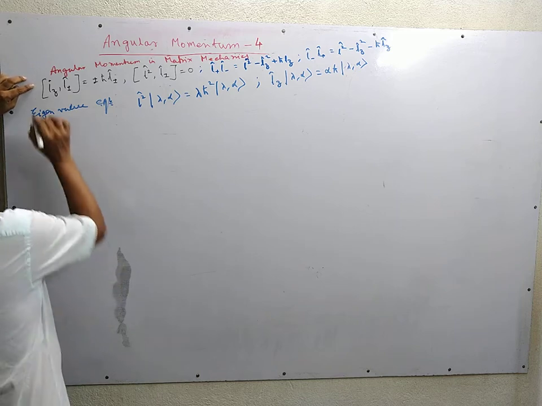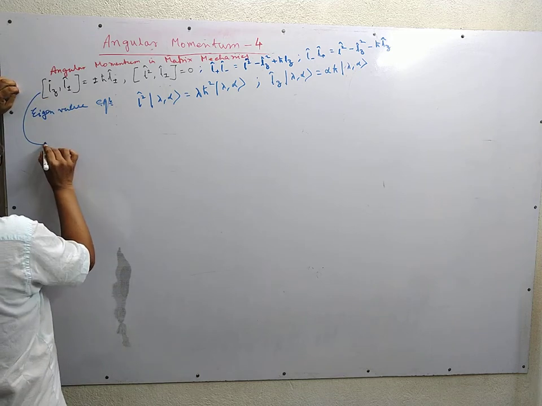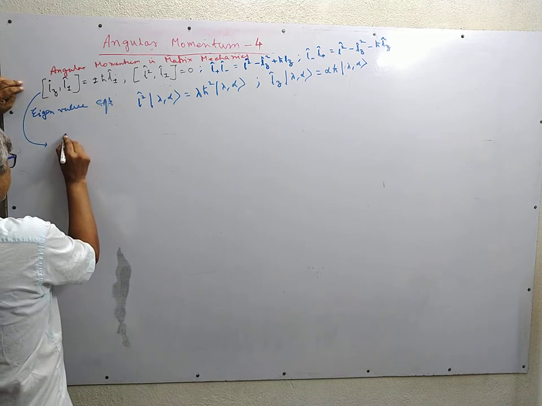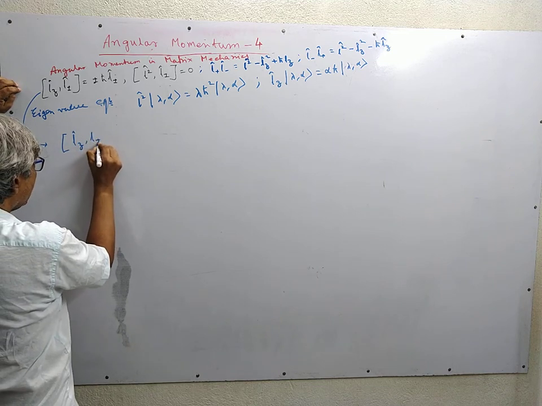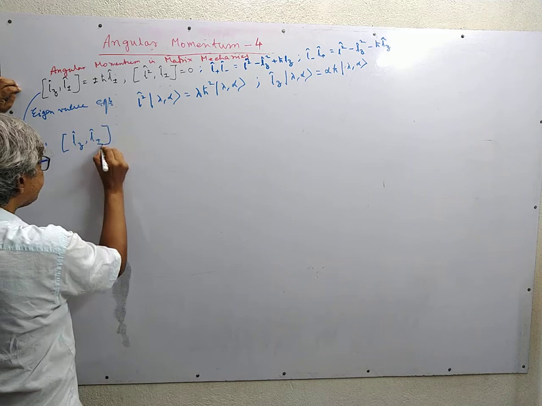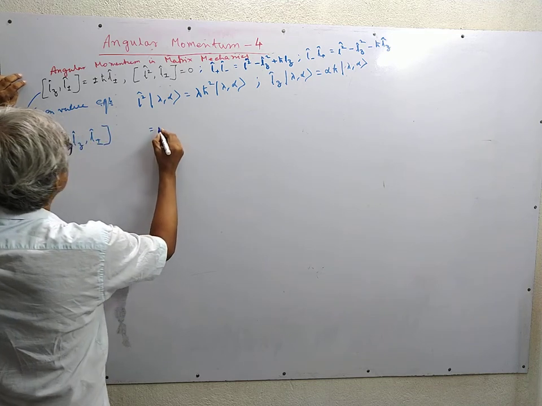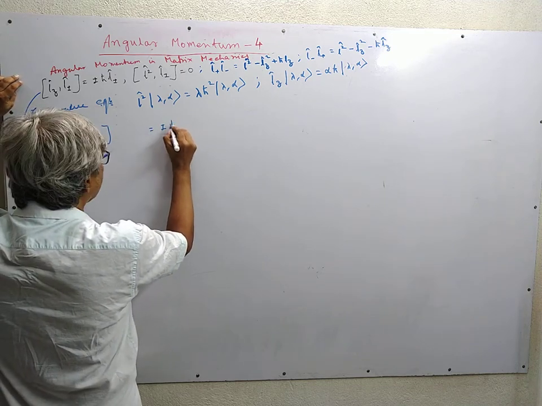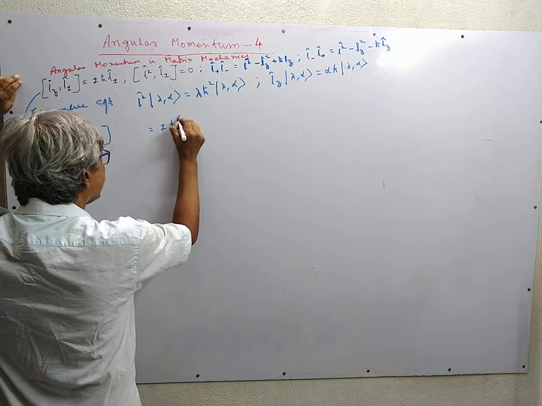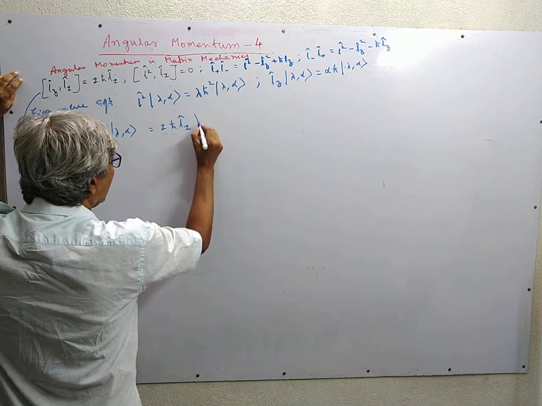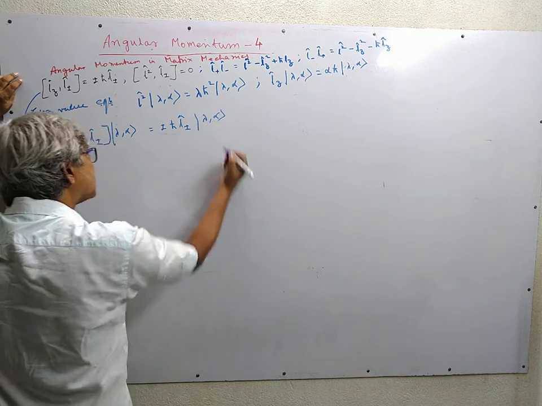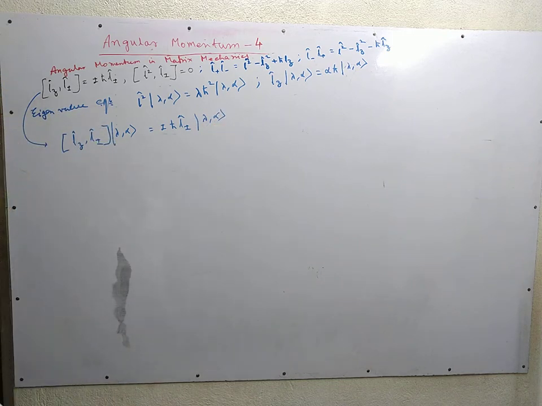We first see what this equation provides us. We have Lz L plus minus is equal to plus minus H cross L plus minus. We operate both the sides by the ket lambda alpha and see what is the role of L plus minus when it operates on this.